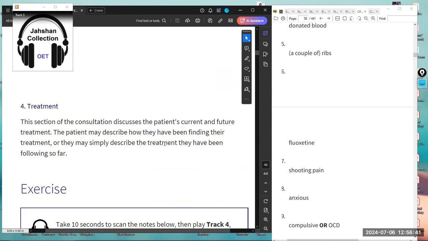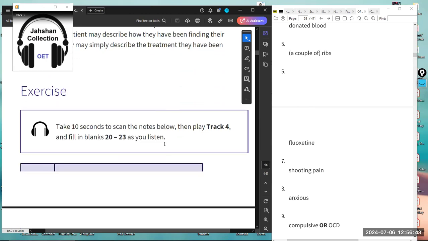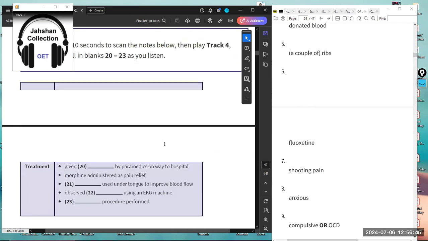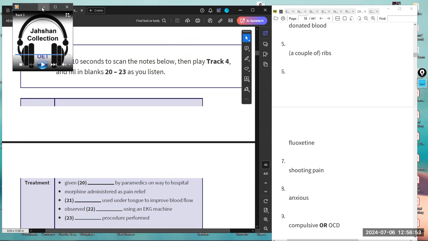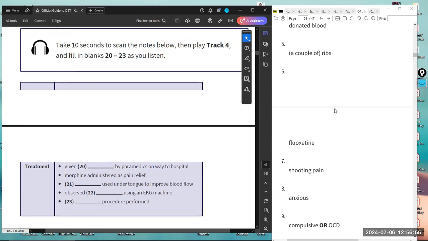So let's try to practice that. We have this exercise which is talking about the treatment. As usual, I'm going to give you 10 seconds just to try to read the information. Don't forget to circle the keywords, to underline the keywords, just to be able to follow the speaker.